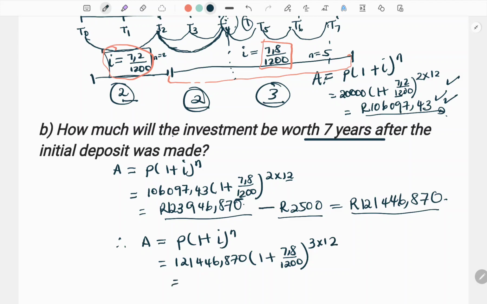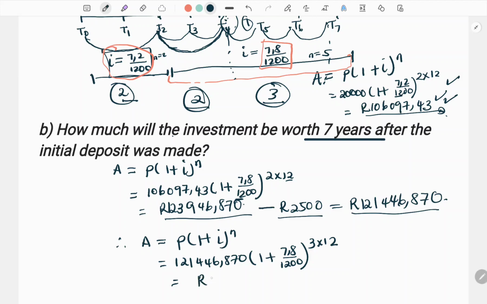Then you punch it in your calculator: 1,214,468.70 times 1 plus 7.8 over 100, exponent of 3 times 12.